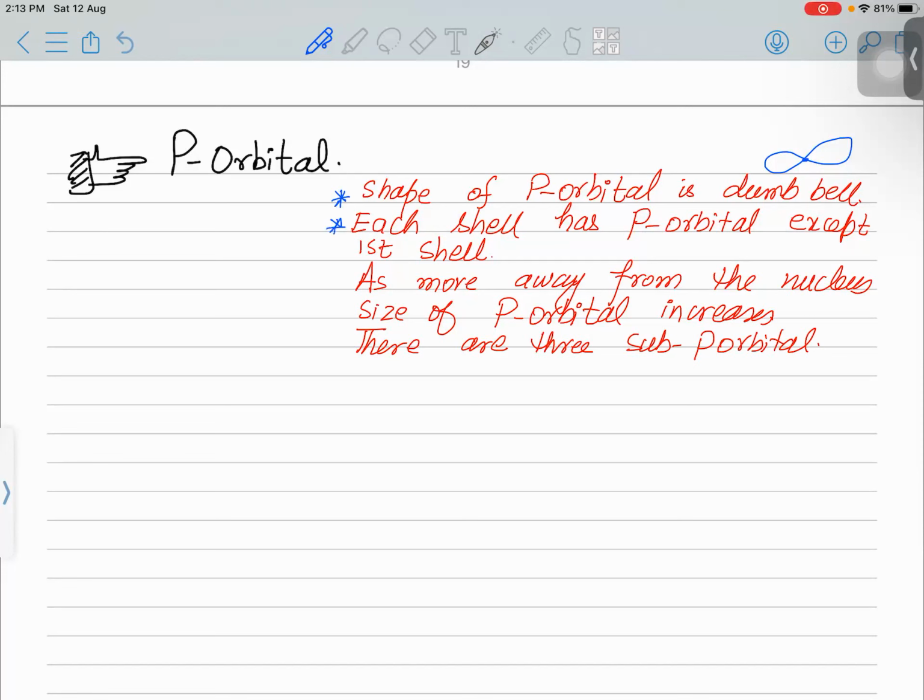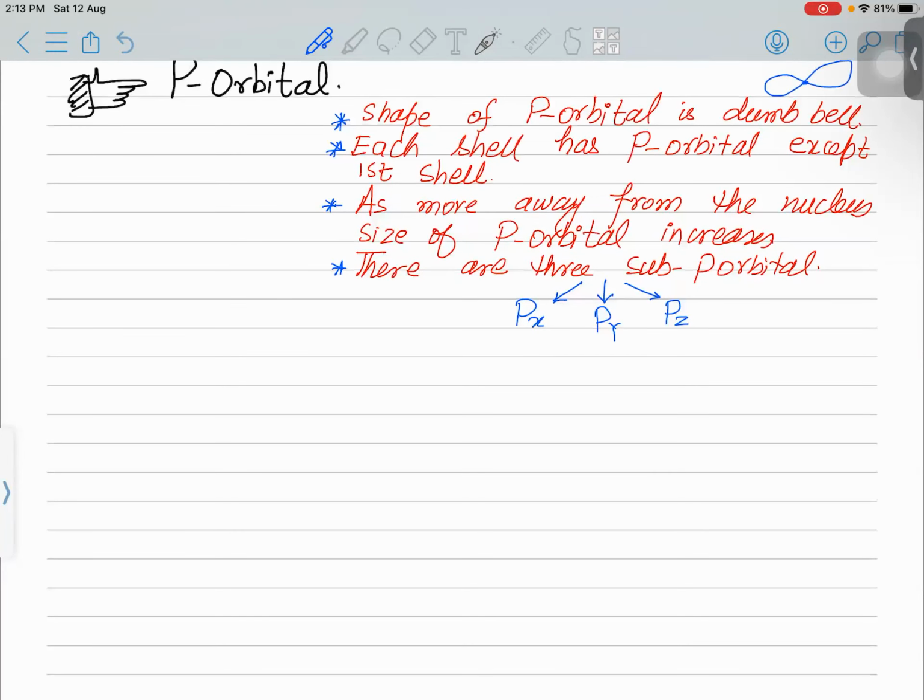As you move further away from the nucleus, the size of the p orbital increases. There are 3 sub p orbitals: Px, Py, Pz.